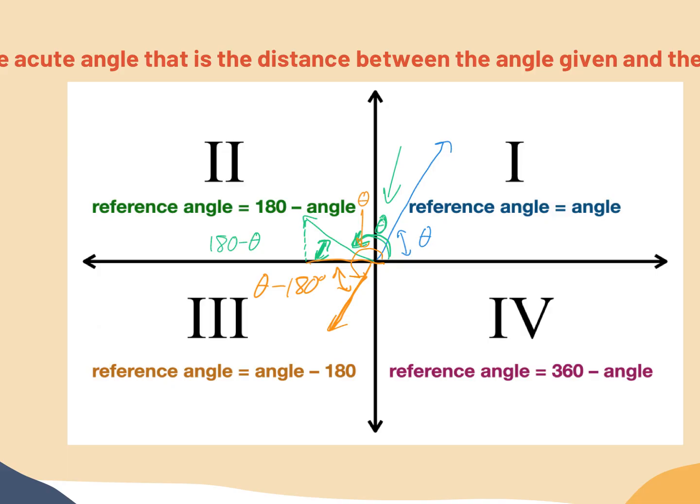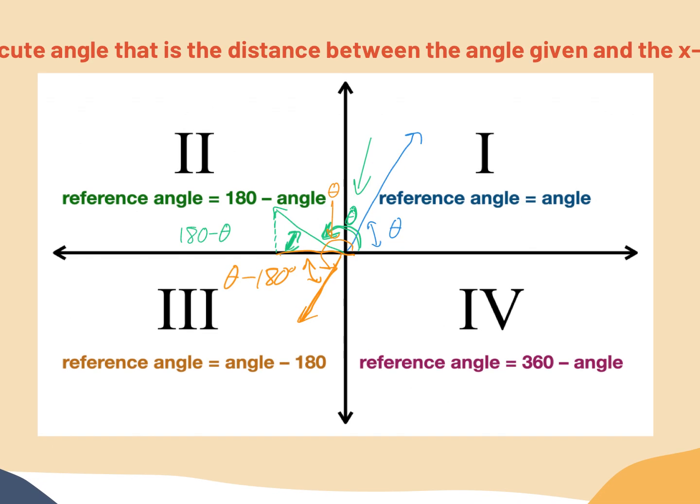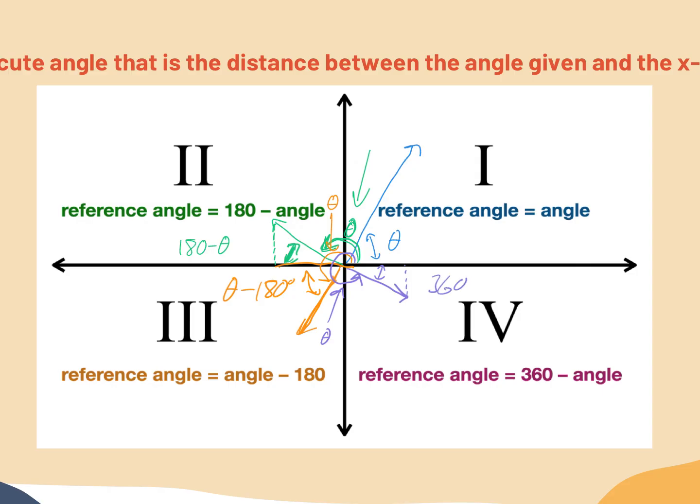And then in the fourth quadrant, let's say I have an angle right here. Instead of going all the way around, this right here is my angle theta. The distance from this angle to the x-axis is going to be this little bit right here, and to get this little bit, it's just going to be 360 minus your angle theta.